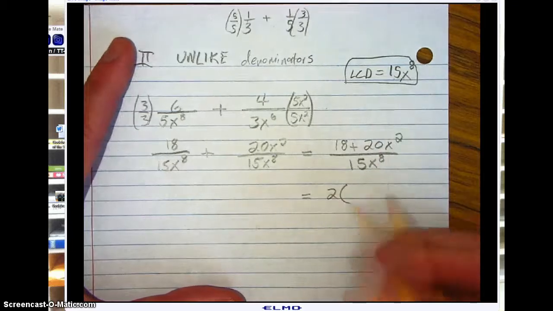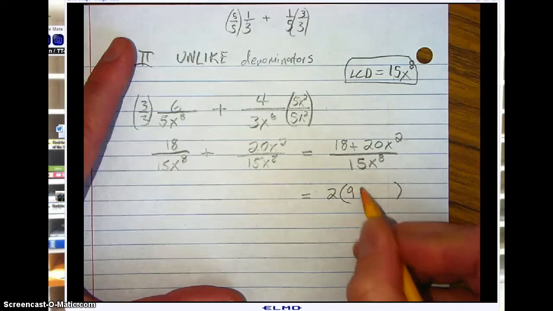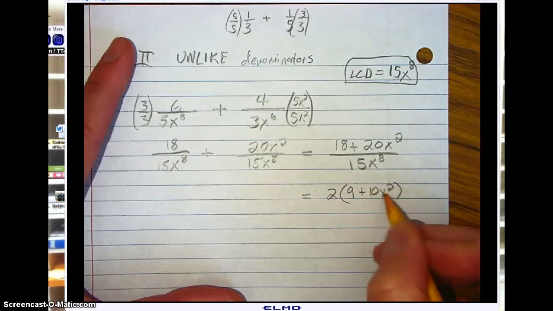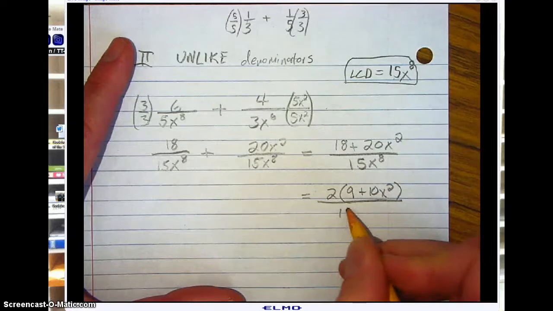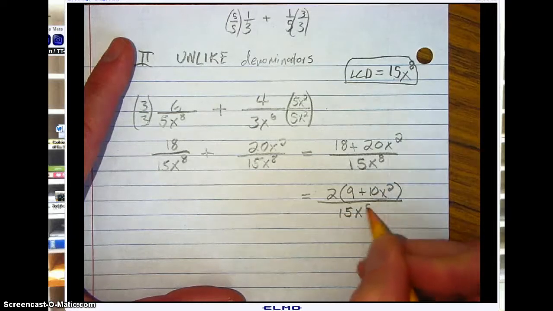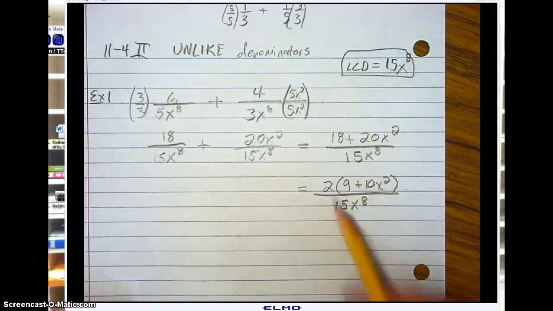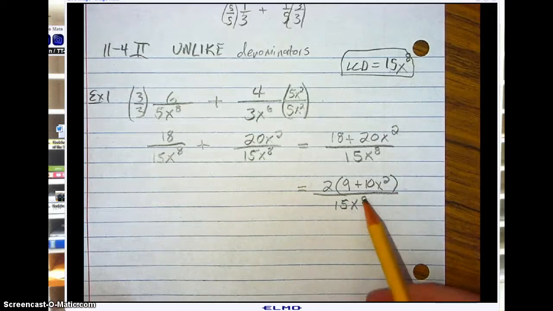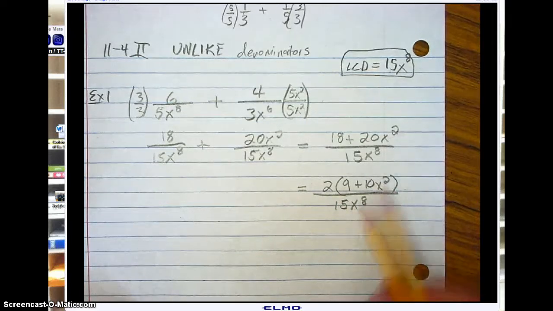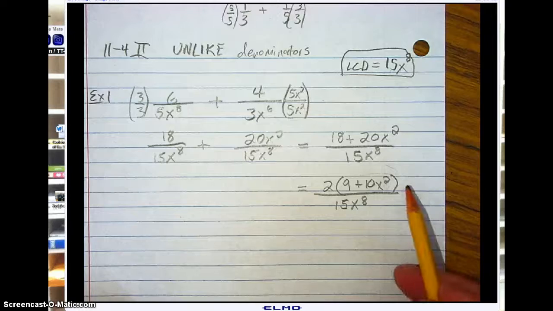So if I factor out a 2, I'm going to be left with 9 plus 10x squared over 15x to the 8th. Now, did factoring help me with anything? Can't cancel the 2 and the 15, and the x to the 8th can't cancel or simplify with this because this is part of a binomial. So in that case, you're done.